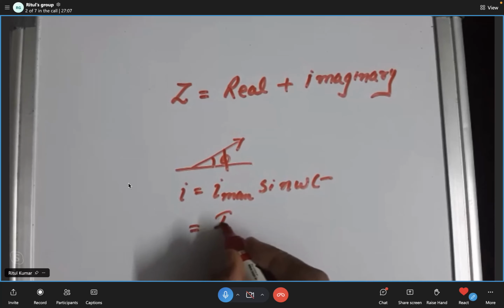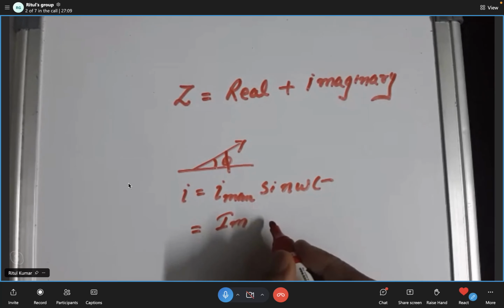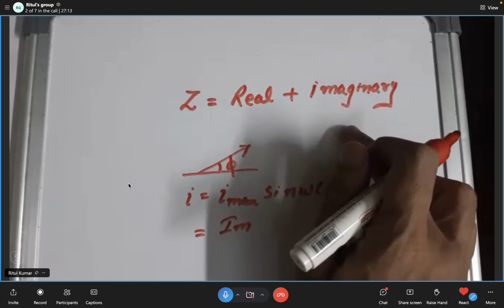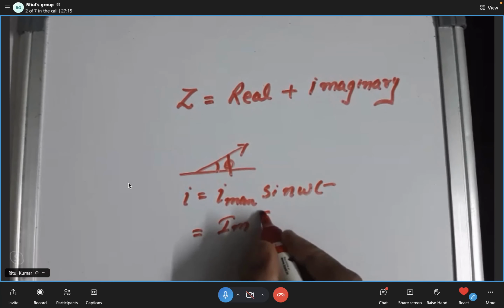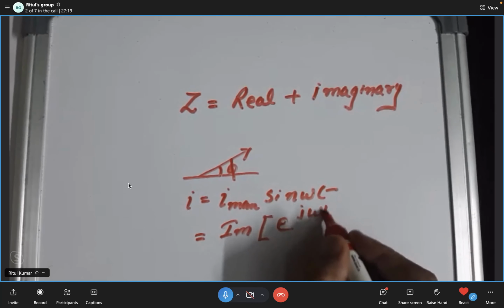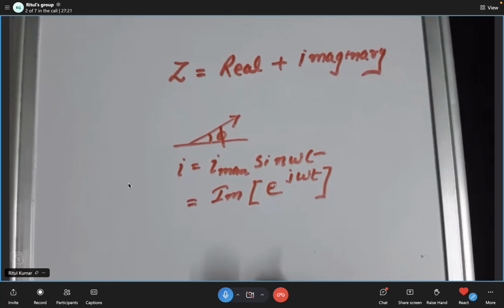We want to present it in imaginary form, Euler form, complex number form. So we write it as e raised to the power j omega t. I think this is allowed.